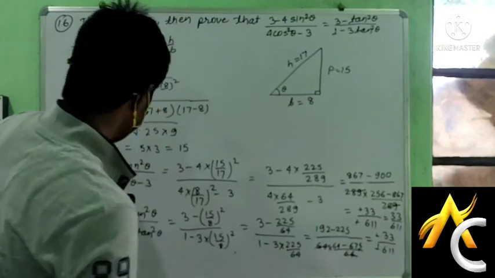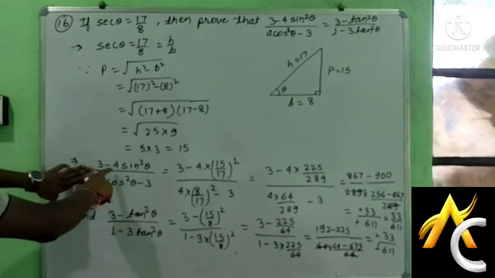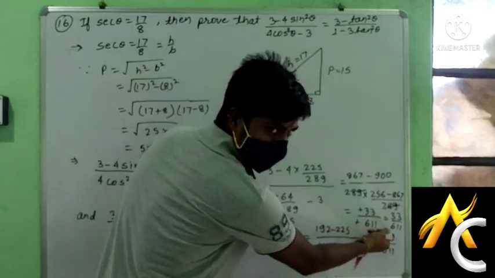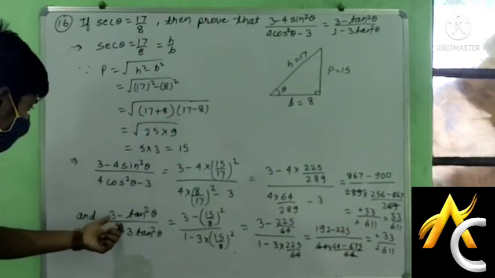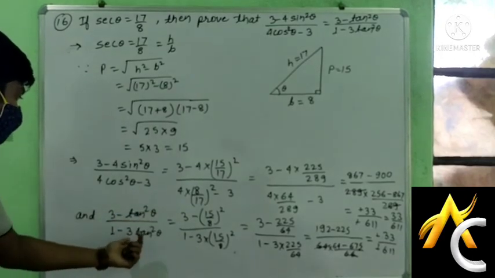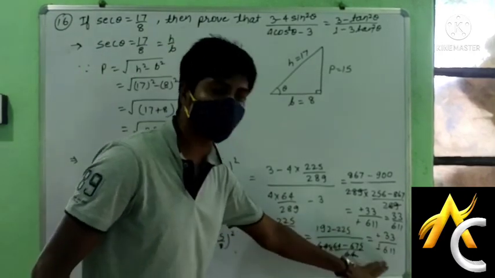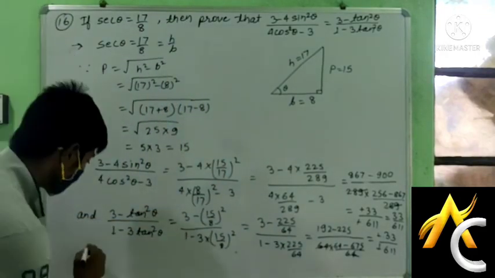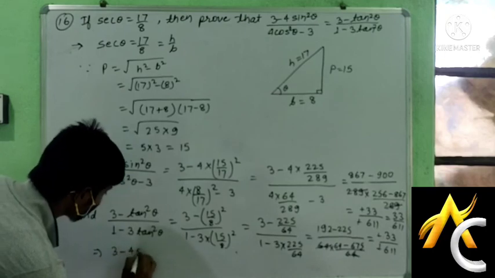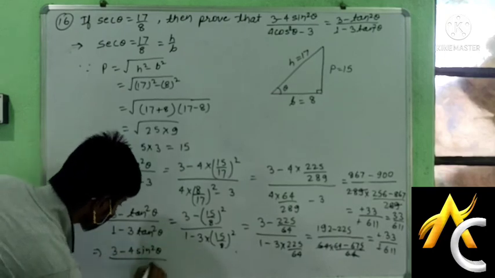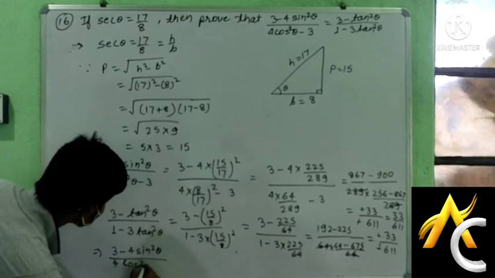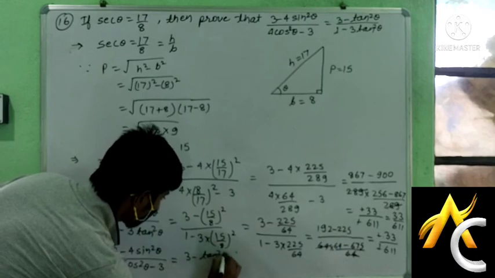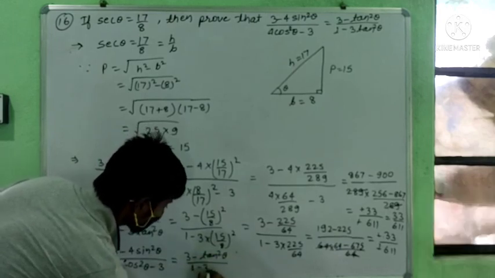Here by comparing this, we get the value of (3 minus 4 sin square theta) by (4 cos square theta minus 3) is 33 by 611, and the value of (3 minus tan square theta) by (1 minus 3 tan square theta) is also 33 by 611. That means both are equal, right? That implies (3 minus 4 sin square theta) by (4 cos square theta minus 3) will be equal to (3 minus tan square theta) by (1 minus 3 tan square theta).